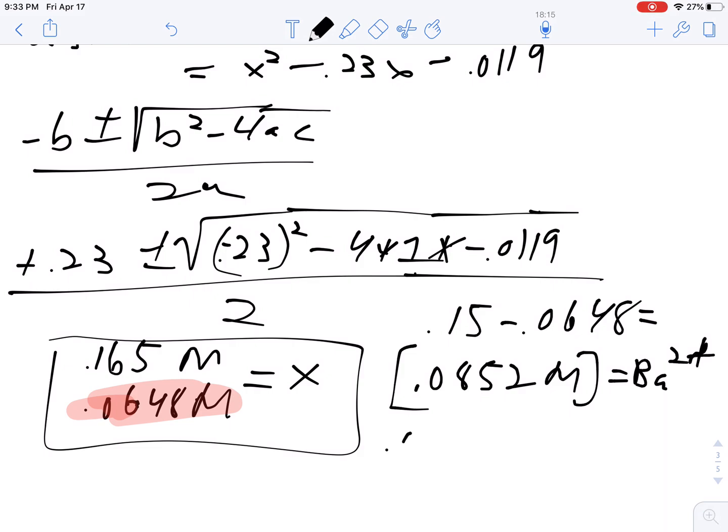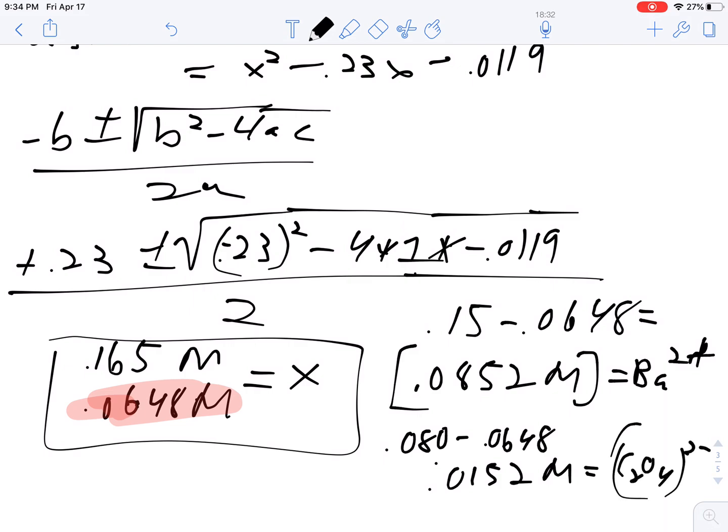And then for the oxalate, okay, so you did have to work this out like a normal ice table.